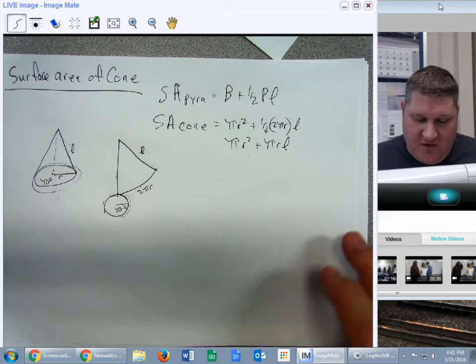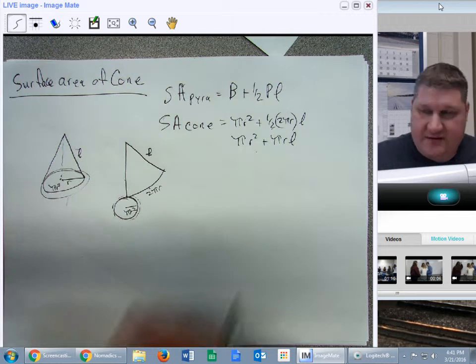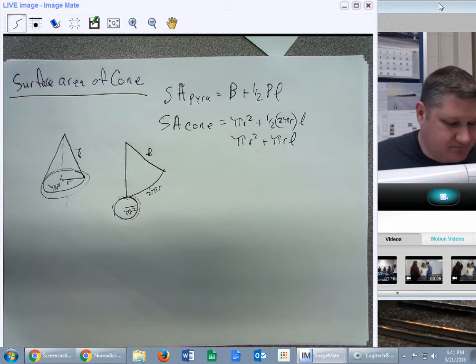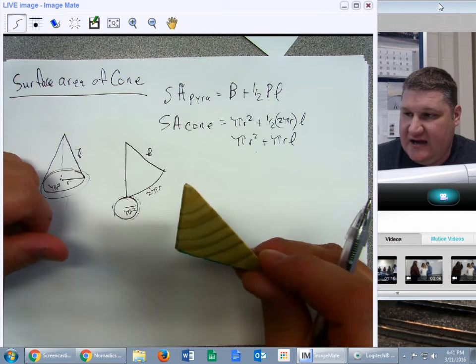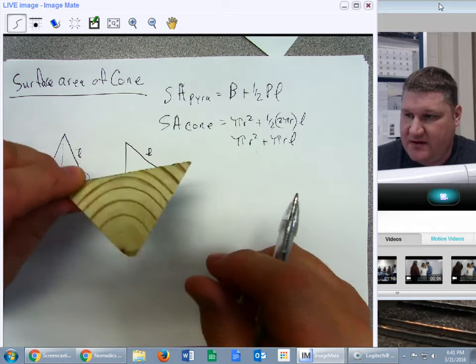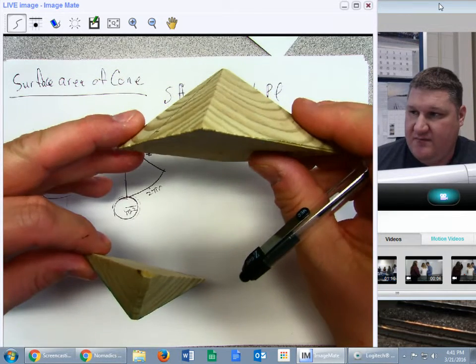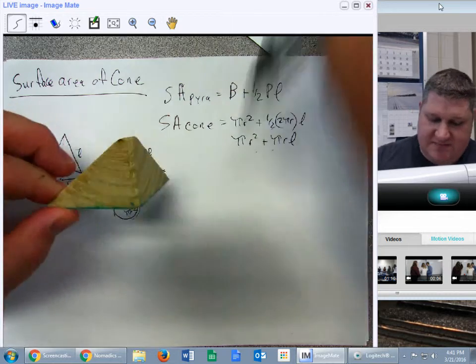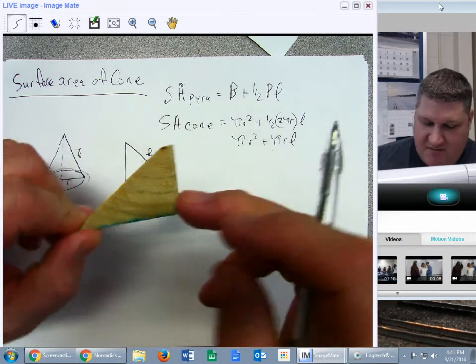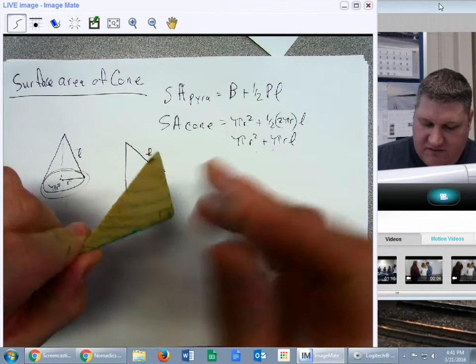Now, thus far, we've been talking about right prisms and right cones. Take a look at this guy. This guy is also a pyramid. Now, whereas this pyramid is a right pyramid where the distance is up the center, this pyramid, its right angle is over at the side.